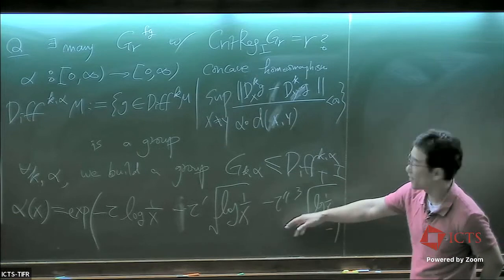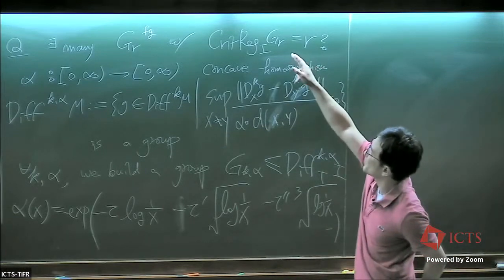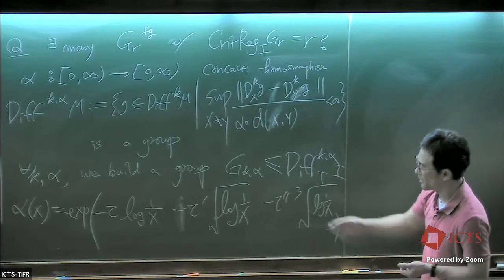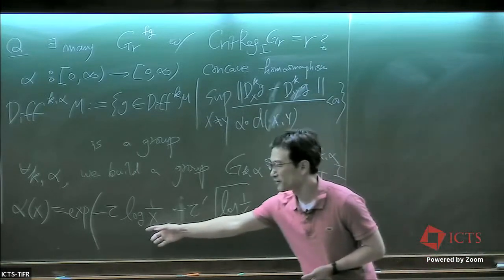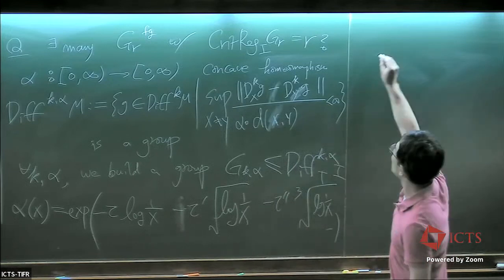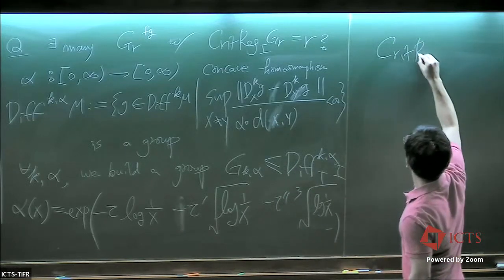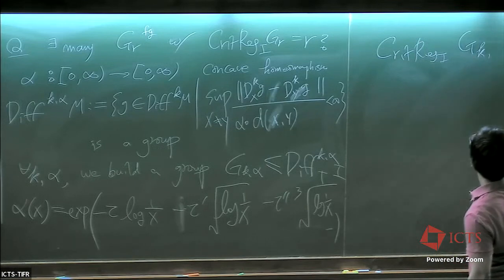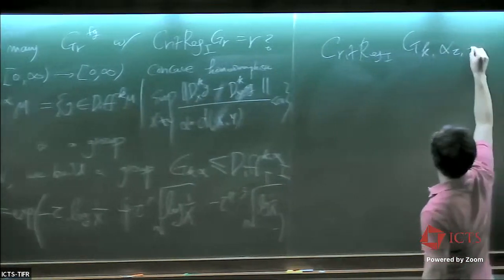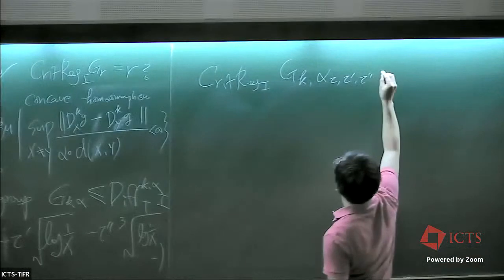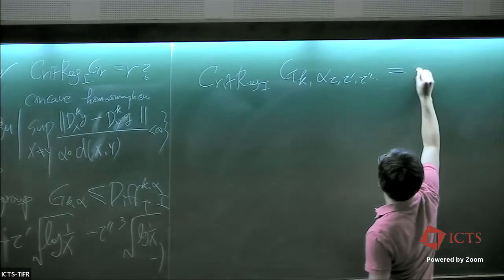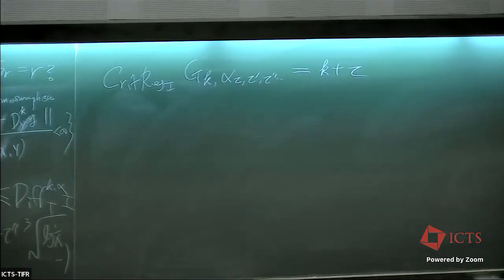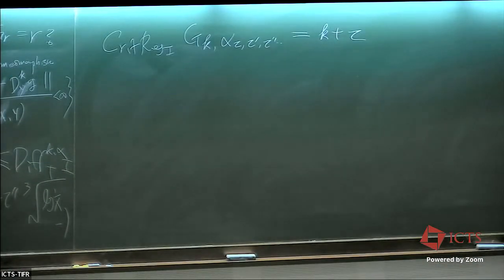And if you only care about critical regularity, measuring the supremum of the real number R that it embeds into Diff^R, they all have the same critical regularity tau. In other words, the critical regularity of this group, G of k comma alpha tau prime tau 2, is k plus tau.